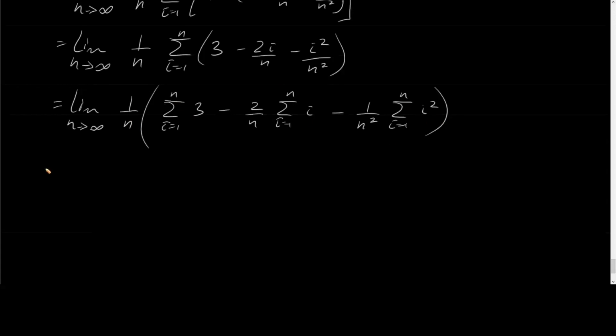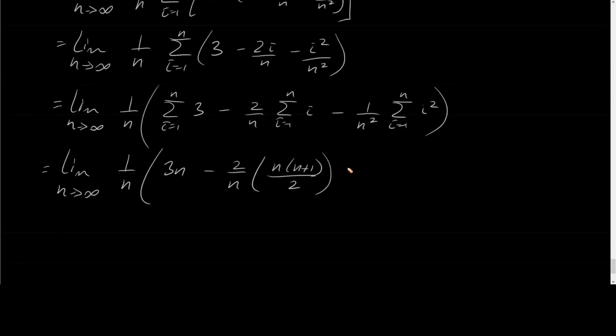So what we can do here is, let's see, the limit as n goes to infinity of 1/n times the summation of 3, which is just 3n when we're going from 1 to n, minus this 2/n is still there. The summation of i, that was n(n+1)/2, minus this 1/n² is still there.